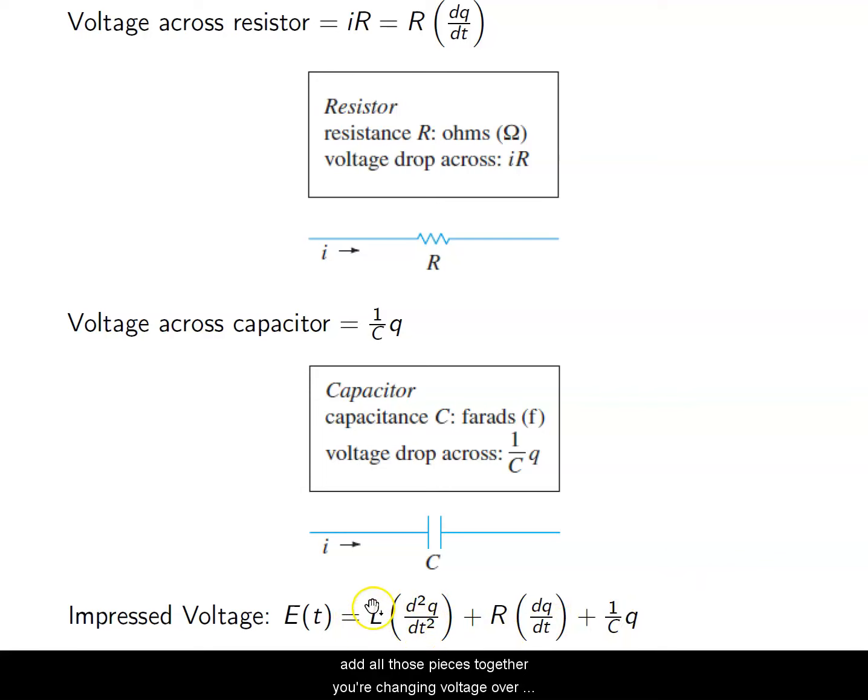Your change in voltage over the inductor, your voltage drop across the resistor, and your voltage drop across the capacitor. I think I said that wrong. So your inductor, your resistor, and your capacitor, you add those all together. Now, if I had more elements, let's say 2 resistors, I would add my 2 resistors together, right? So you're just adding everything together as it goes through the system. Okay.